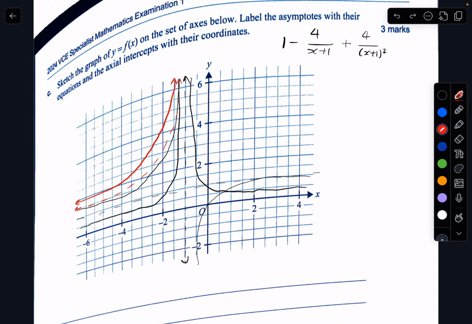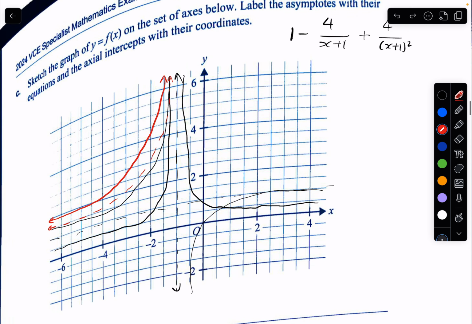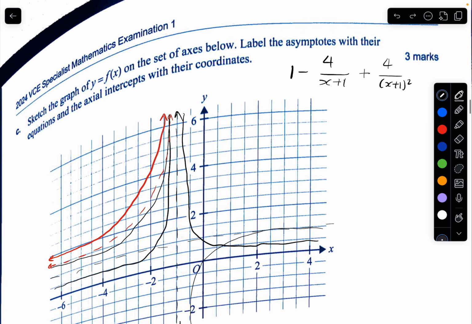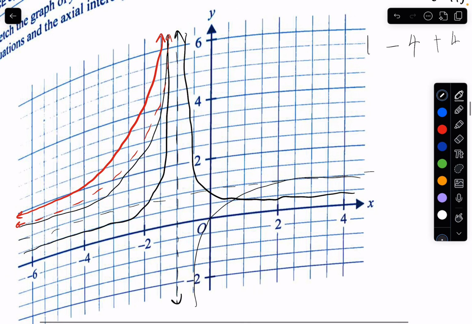So let's just see what happens if we plug in like a half, or we can just do the y-intercept for now. So 1 minus 4 plus 4, and that's just 1. So yes, the y-intercept will be 1.